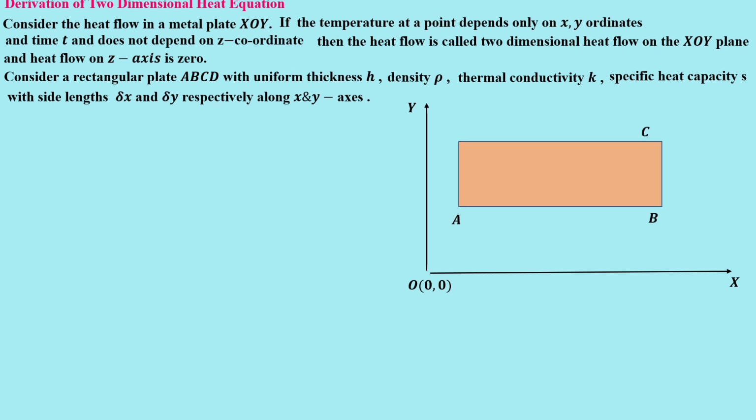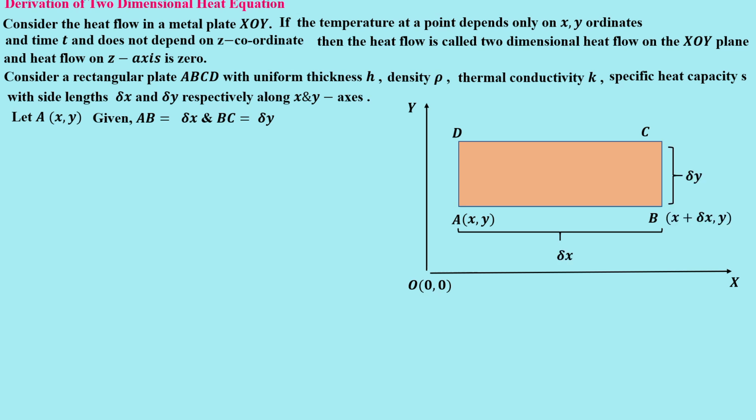So this is the plate ABCD. We are taking the x, y coordinate, and AB is equal to del x, the side length along the x axis, and BC along the y axis is del y, right?